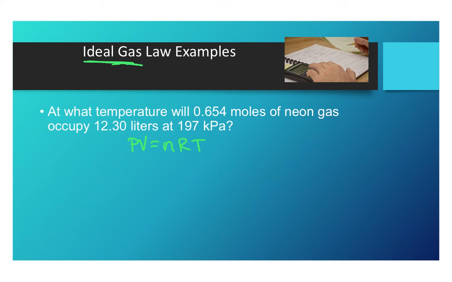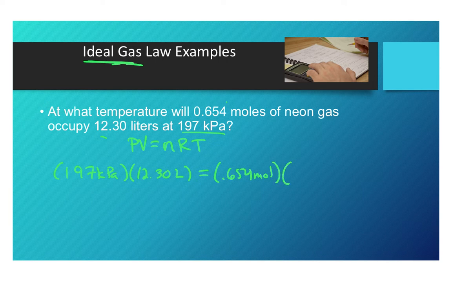Okay, so do I know the things in here? Do I know the pressure? Yes, I do. It's 197 kilopascals. Do I know the volume? I do. It's 12.30 liters. Do I know the number of moles? I do. It's 0.654 moles.